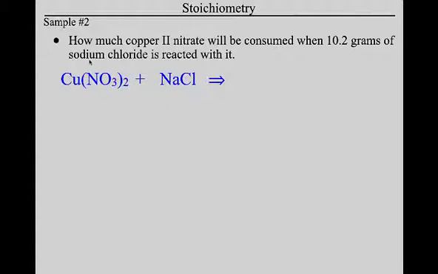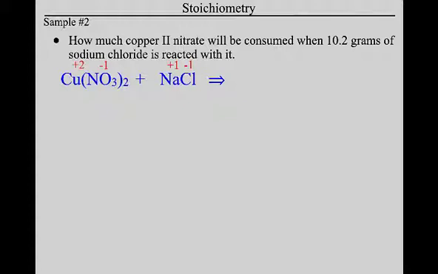So guys, again, and please hear this, if you don't learn anything else today, if you need to figure out the products of a single or double displacement reaction, what do you need? Charges. Copper's plus 2, nitrate is minus 1. And then, guys, sodium is plus 1, chlorine's minus 1.